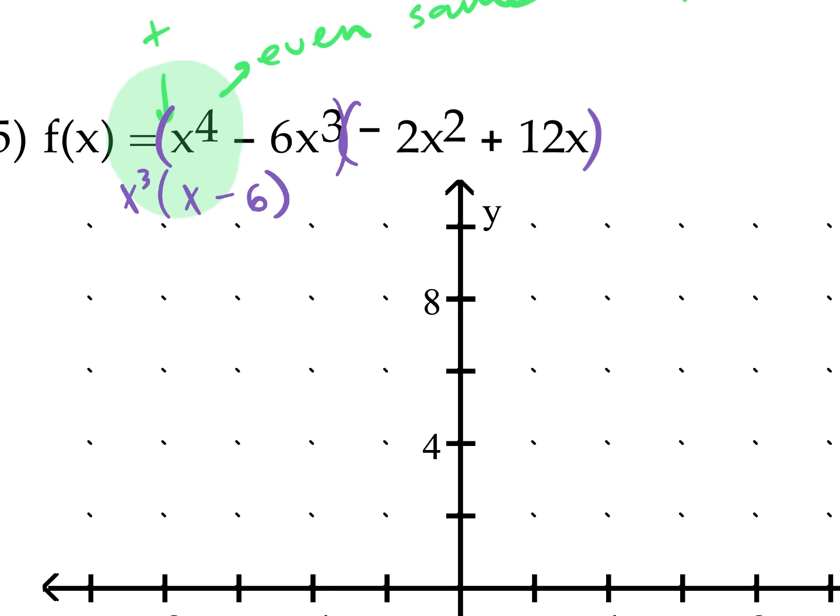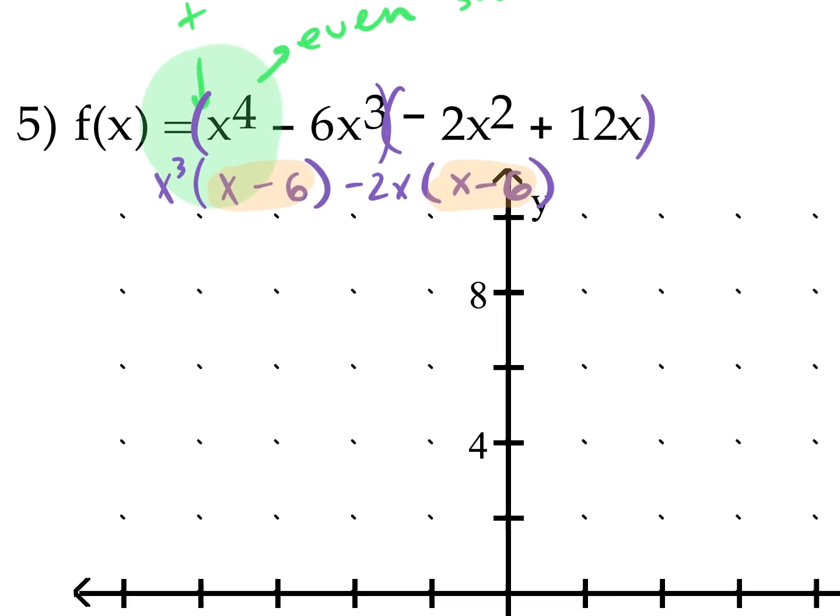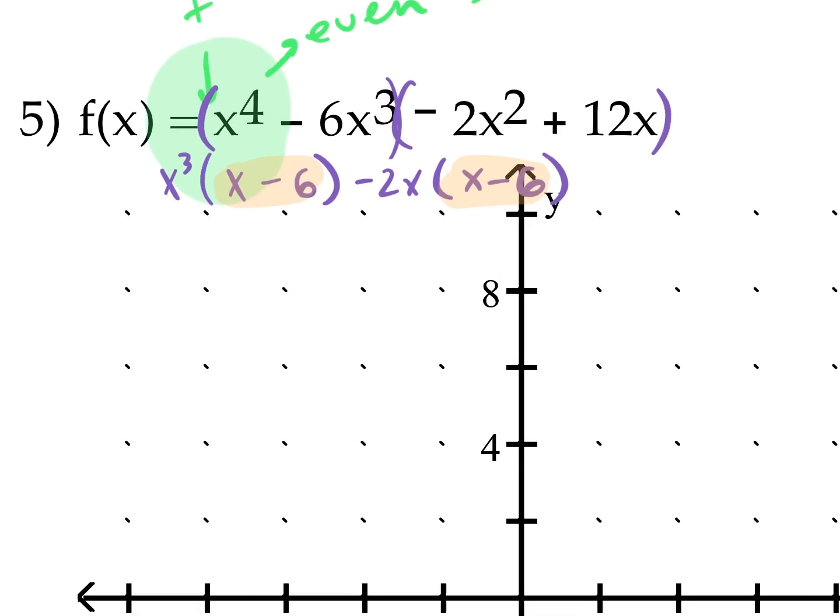In the second group, I can take out a negative 2x, and I'm left with x minus 6. You always, always, always need the same thing inside the parentheses in order to factor by grouping. So if you didn't get the same thing, you may need to take out a different GCF. If taking out a different GCF doesn't work, then you probably can't factor by grouping.